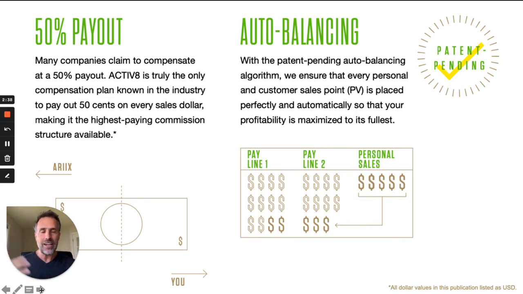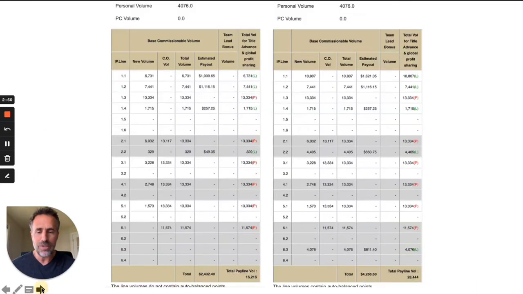At that time, the volume that I had built personally, they auto-balanced it. I'm going to show you what it meant, because that was a substantial amount that week for personal volume. And when you see that, you're going to see how it auto-balanced quite amazingly.